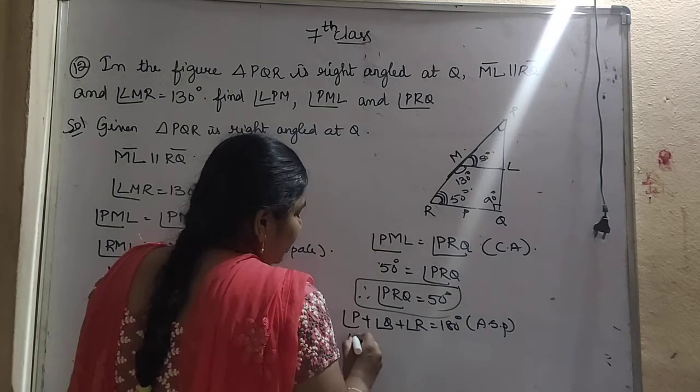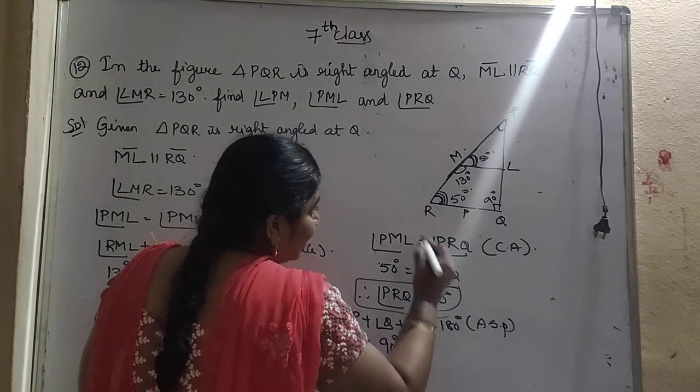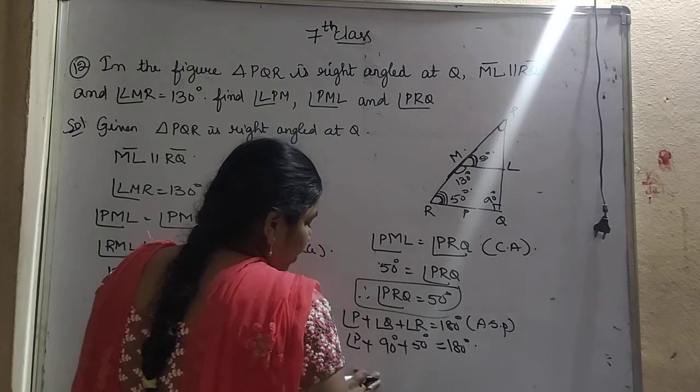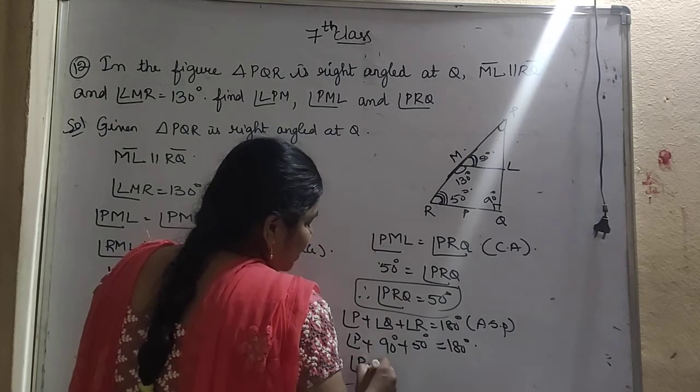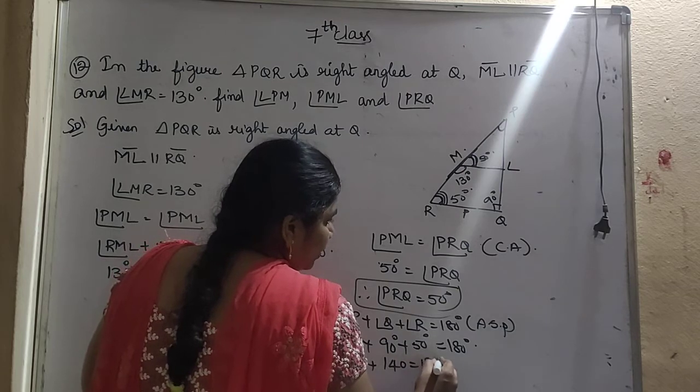So angle P we don't know, angle Q we know it as 90, angle R we know it as 50, is equal to 180. Okay, so now angle P plus 90 plus 50 will be 140 is equal to 180.